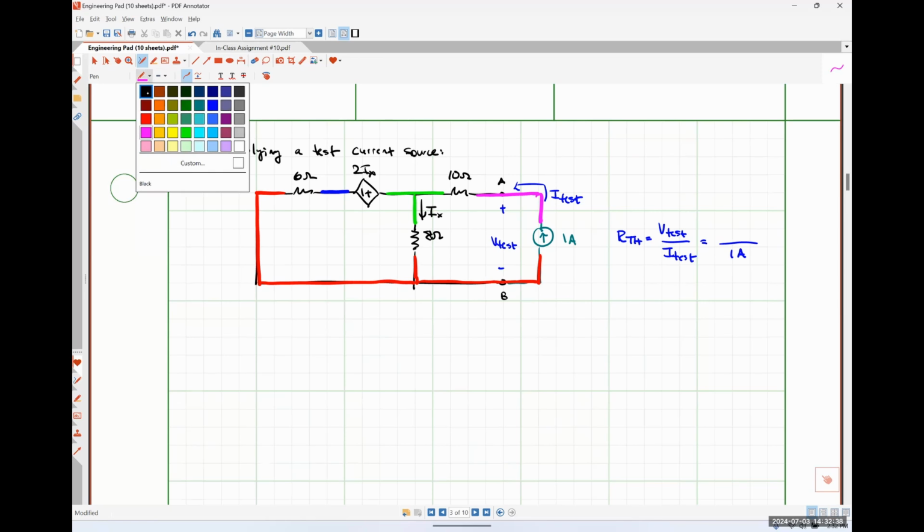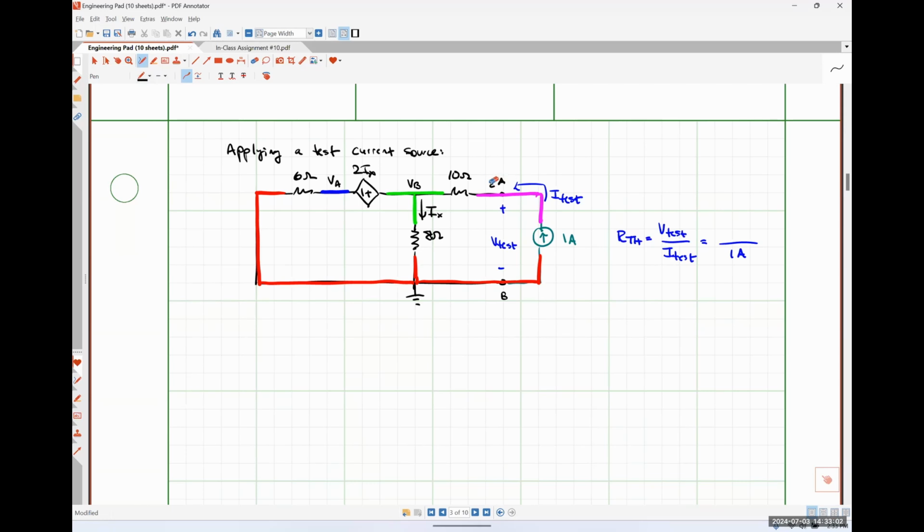Which of these nodes would you like for us to use as our ground or reference? Do the bottom one. Okay. All right. So let me label my nodal voltages then. Let's call this VA, this one VB, and this one VC.